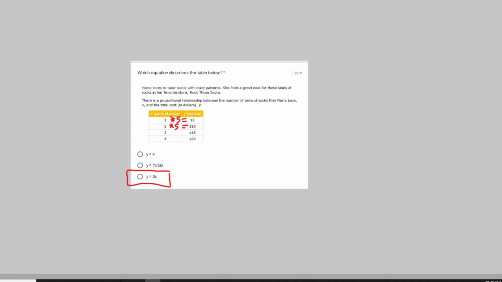And just remember, this is a proportional relationship. The equation for anything that's a proportional relationship is going to look like this: y equals kx. Remember, to find k, you can divide your y's by your x to get k. But this is only for proportional relationships.